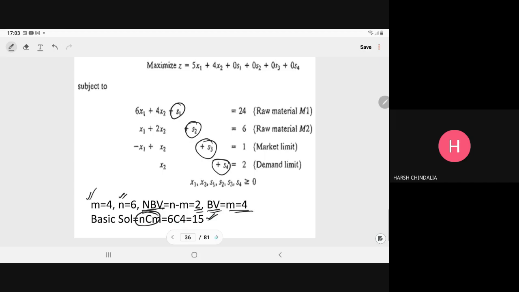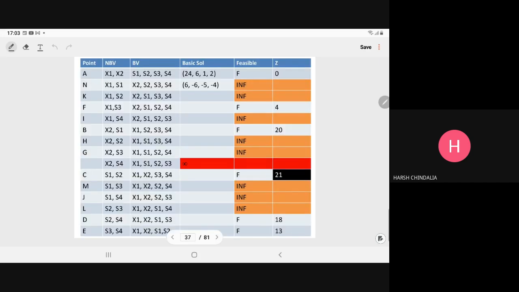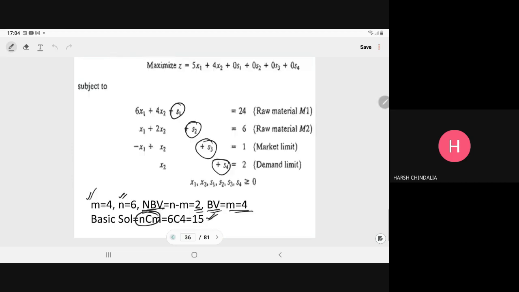So how will they come? Let us see. Here, if you assume x1, x2 as non-basic variables, the second column, then the remaining four, s1, s2, s3, s4, will be the basic variables.